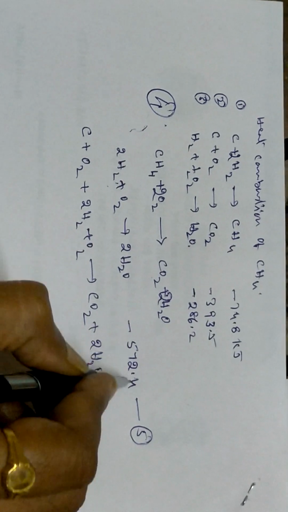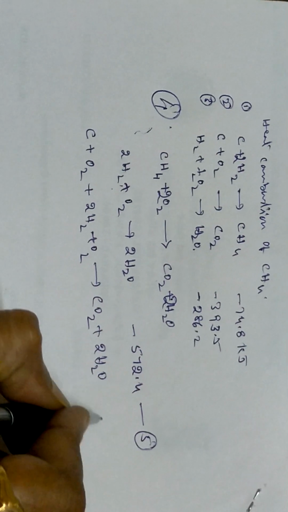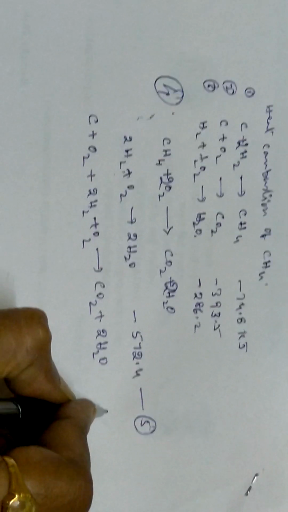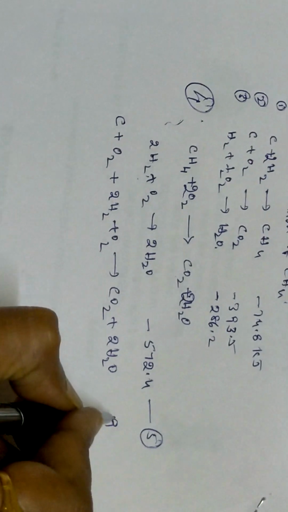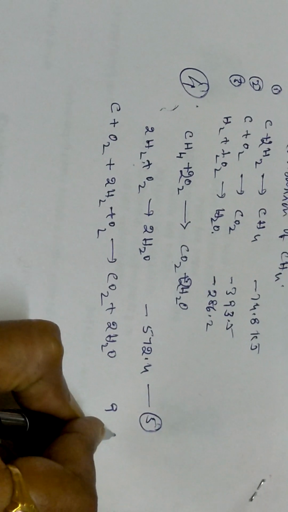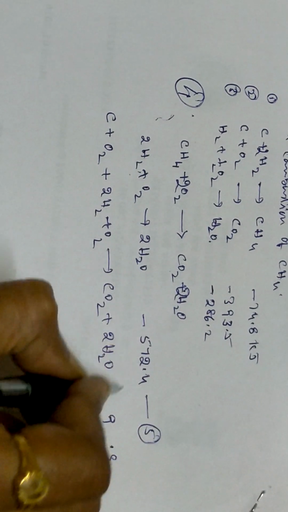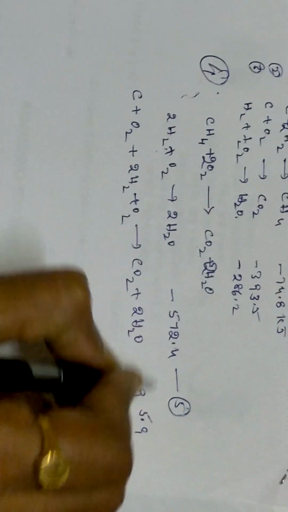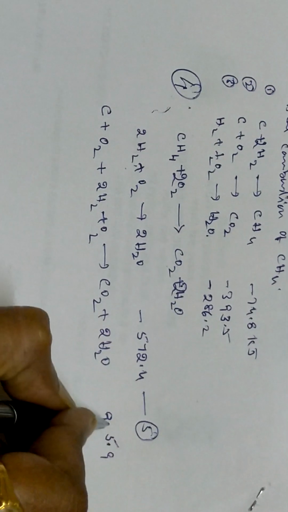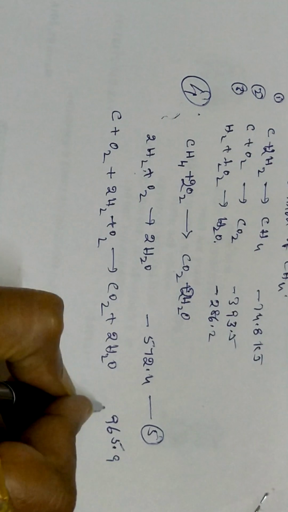And these two values, 572 plus 393, equal 965, minus value.